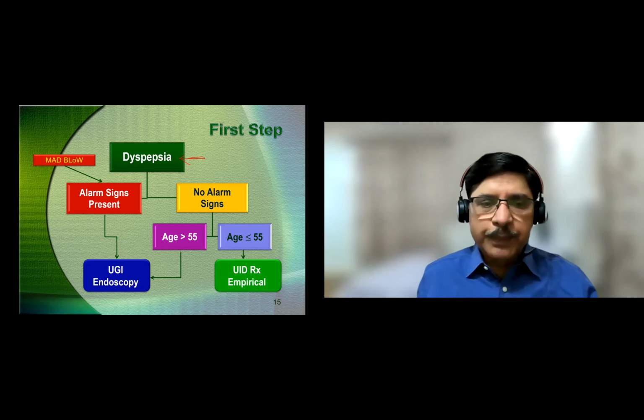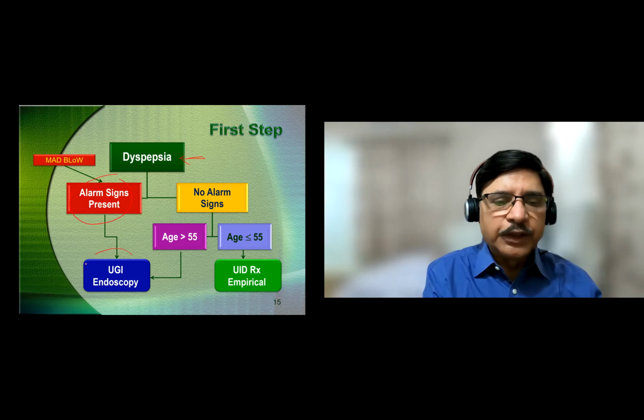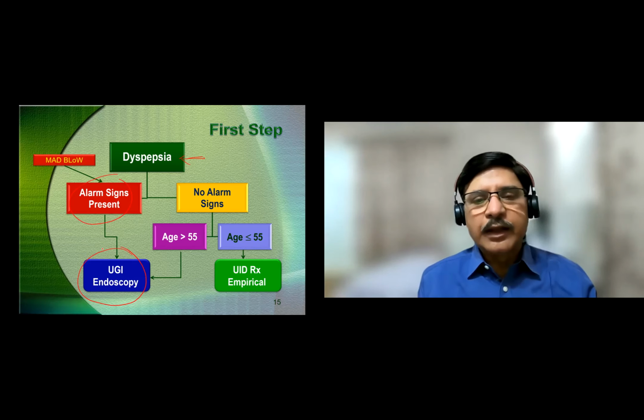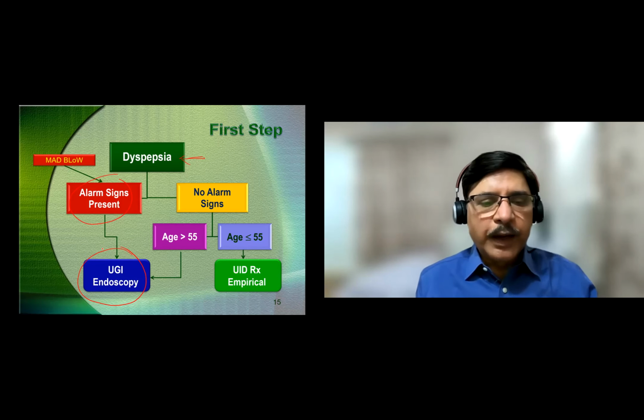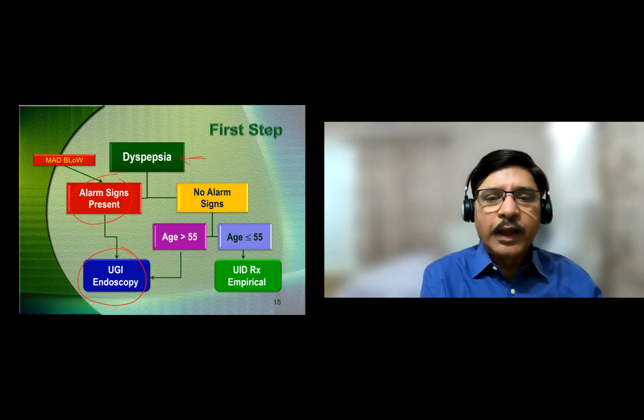If they are present, we are in for trouble, and the patient should get an upper GI endoscopy as early as possible. If there is a bleed, on the same day. If there is no bleed but loss of weight or anemia is there, within the next week you have to do the endoscopy. Okay. There are no alarm signs.